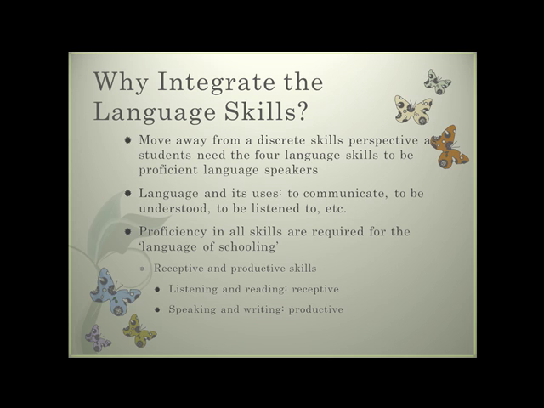So, whenever we're dealing with English learners in our classrooms, we're trying to develop this language of schooling, meaning we're trying to help them be able to listen to us whenever we're teaching. We want them to be able to understand what it is that they're reading. We want them to be able to communicate and, for example, respond to your questions in class. And we also want them to be able to write about what you're teaching.